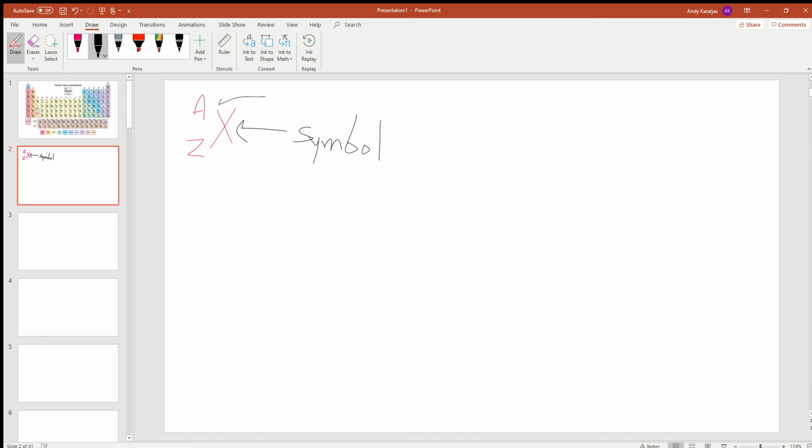The number up at the top is our mass number, which is equal to the number of protons plus the number of neutrons. And this bottom number is our atomic number. And that's equal to our number of protons.